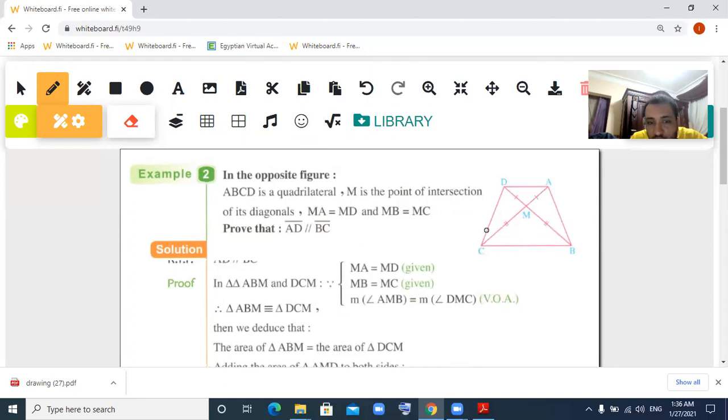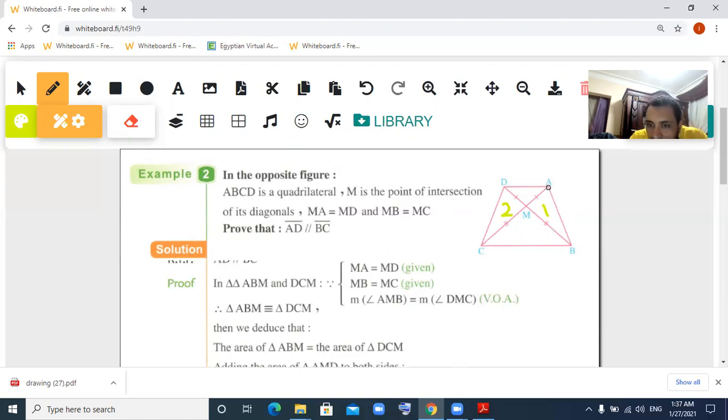If we look at triangle ABM and triangle DCM, we studied before in grade 7, first prep, that if two triangles are congruent, they have the same area. So let's see whether the two triangles are congruent or not.